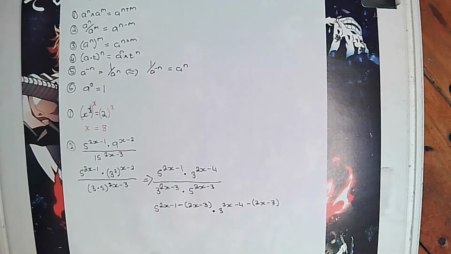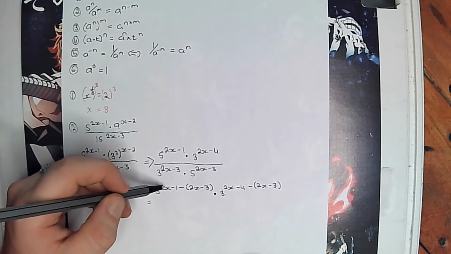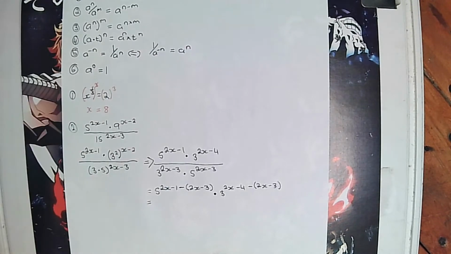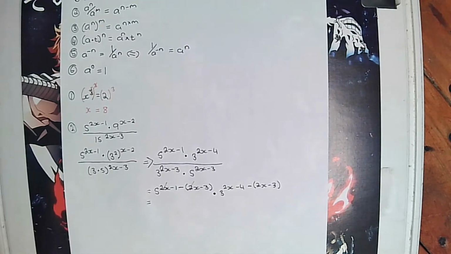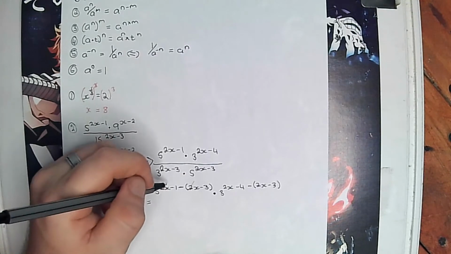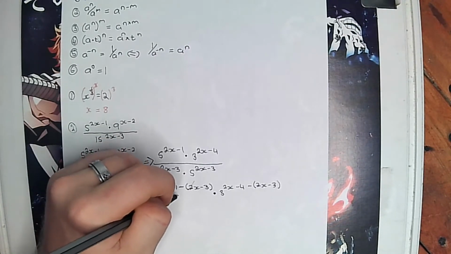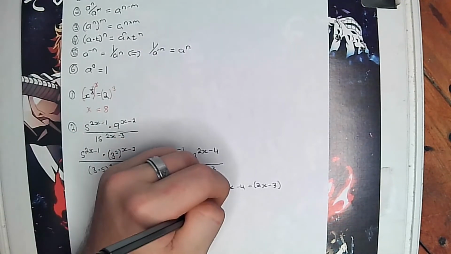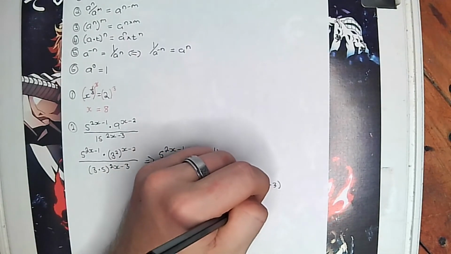And then again, I simply simplify. The negative will go into that, so essentially we'll get rid of the x's, and then negative 1 plus 3 is 2, right? So let me write it out. 5^(2x-1-2x+3) multiplied by 3^(2x-4-2x+3).